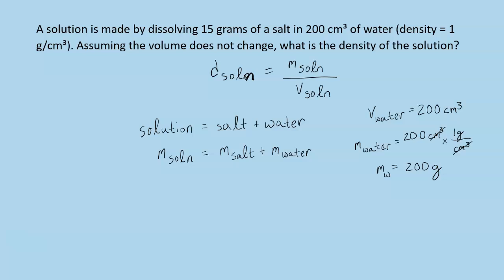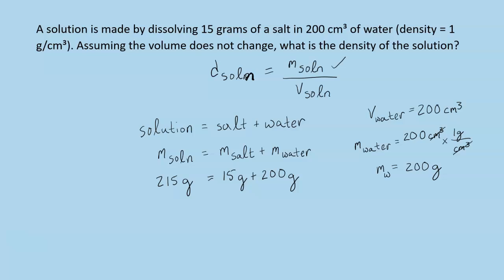Okay, so the mass of the solution is then going to be equal to the 15 grams of salt plus the 200 grams of water. So the mass of the solution is 215 grams. Okay, so I have the mass. And then it says, assume the volume does not change.